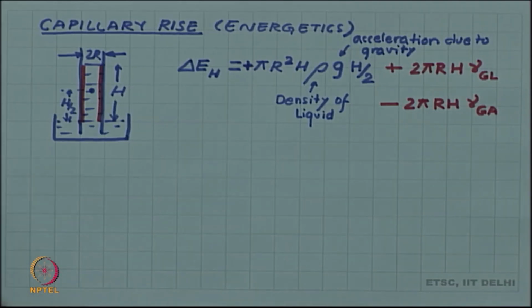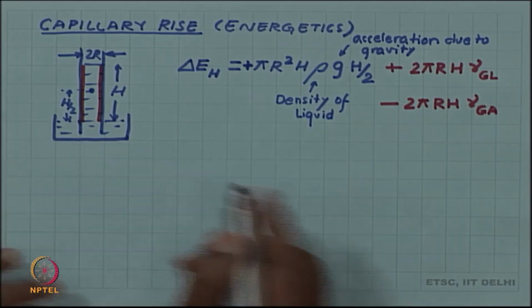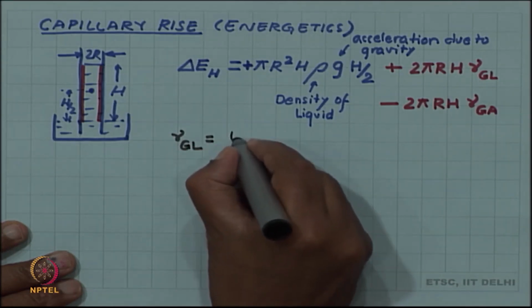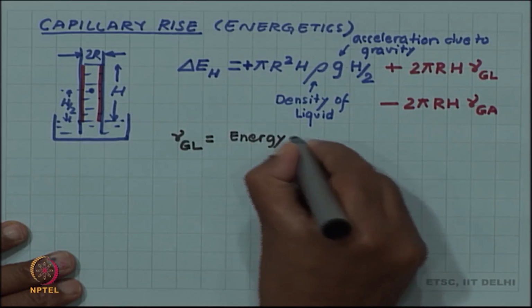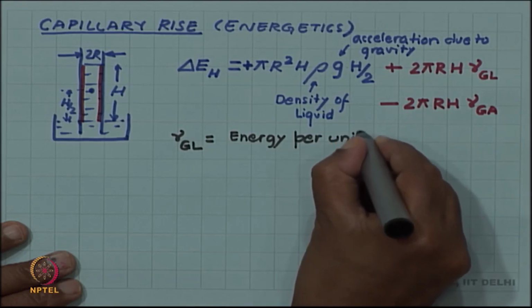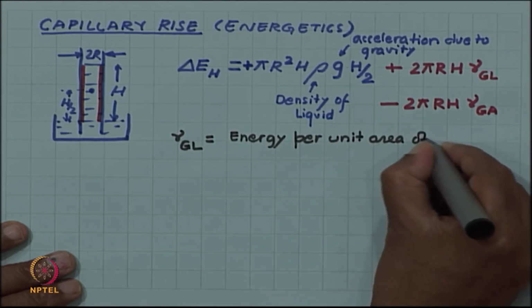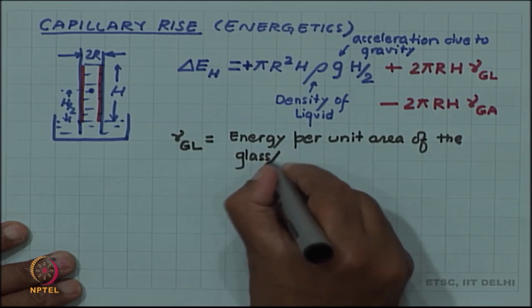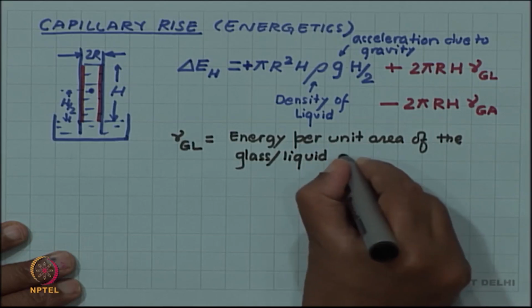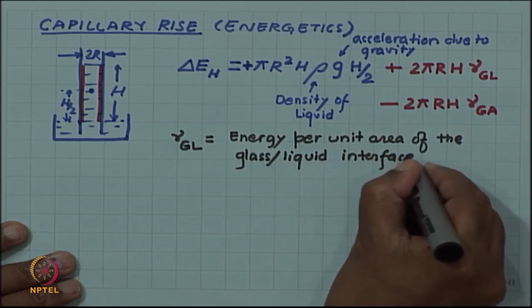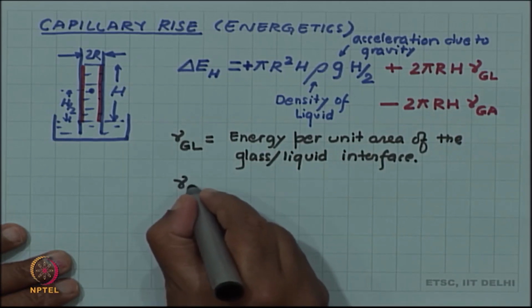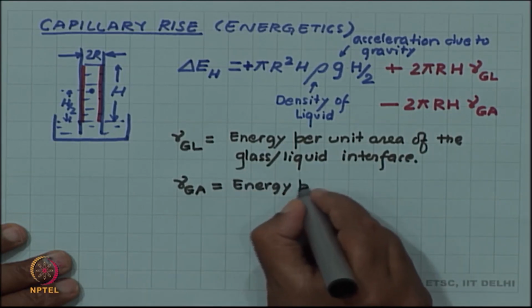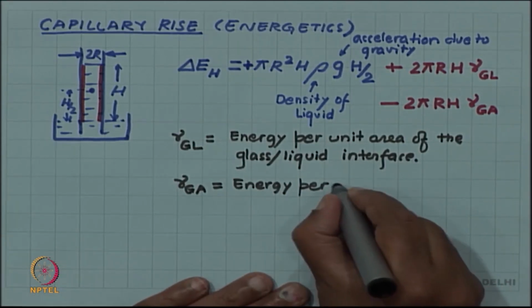So, you have gamma GL of the interface, and you will have gamma GA, which is the same quantity for the glass air interface.